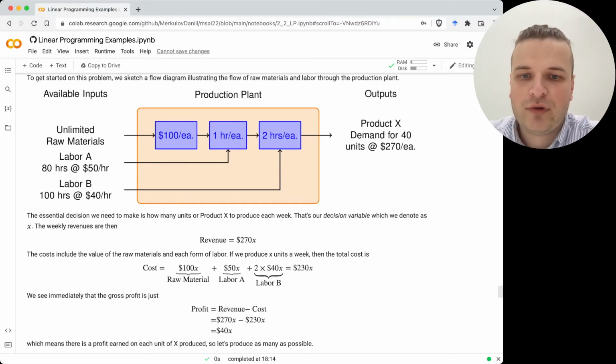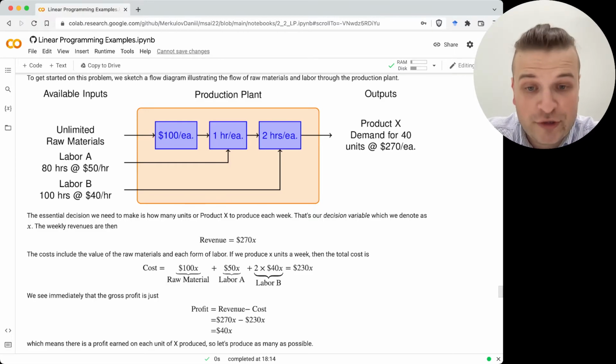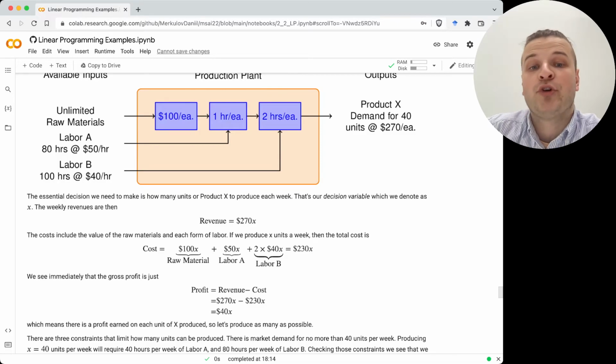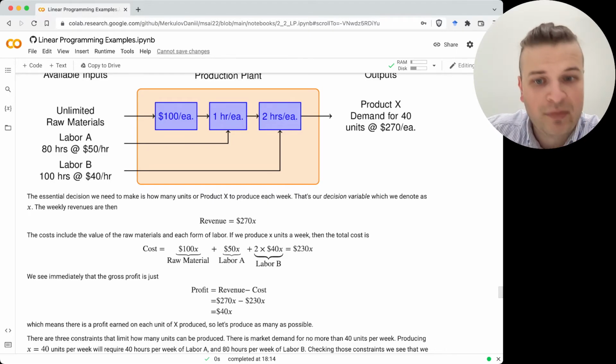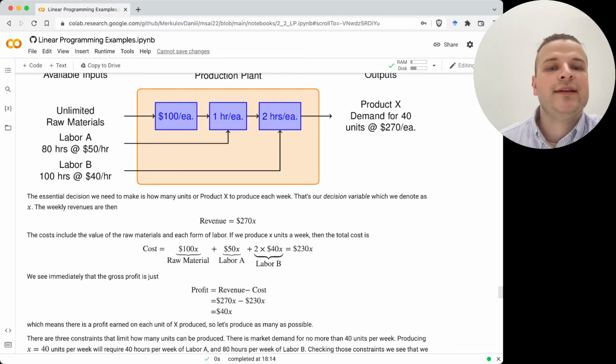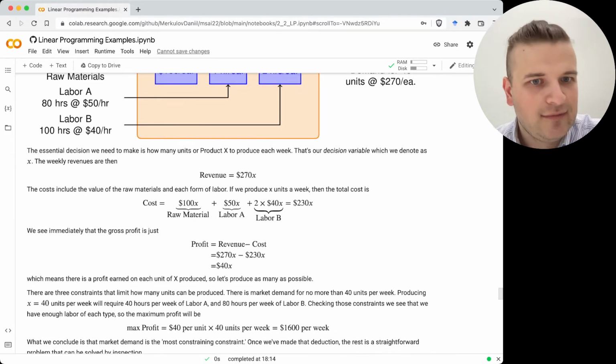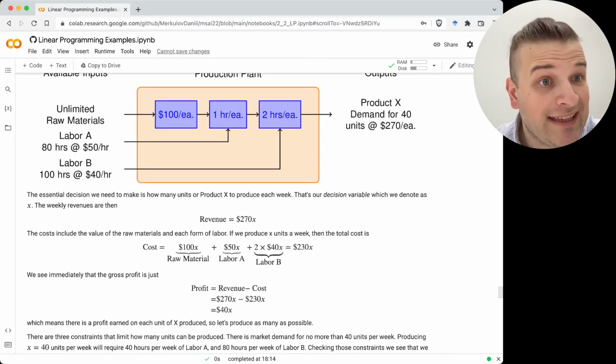Let's say we have X amount of product, which means that per each product we spend $100 of raw material, $50 on labor A, and $80 on labor B. So the total is $230 per production unit. And we sell it for $270 per unit.